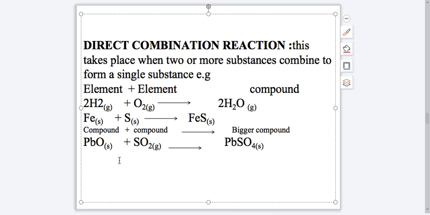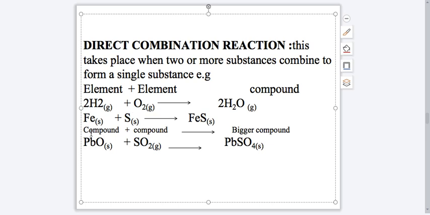We'll be having hydrogen molecule combined with oxygen molecule. That is 2H2 plus O2 to give us 2H2O. That is, 2 moles of hydrogen molecule plus 1 oxygen molecule will give us 2 moles of water.